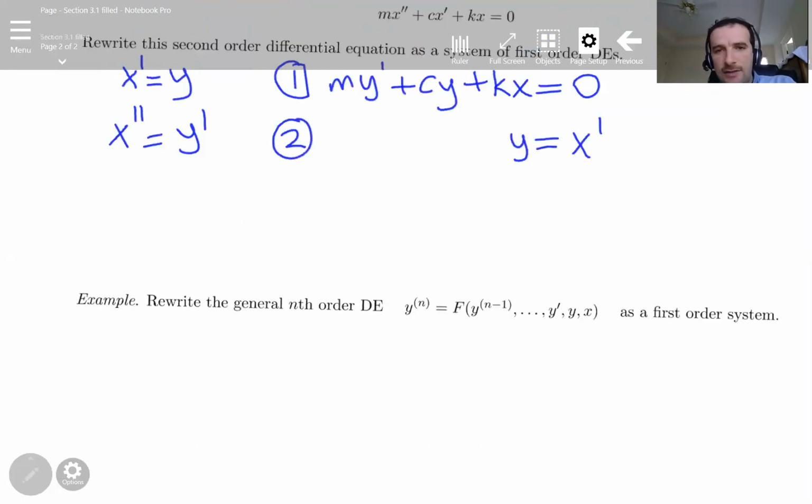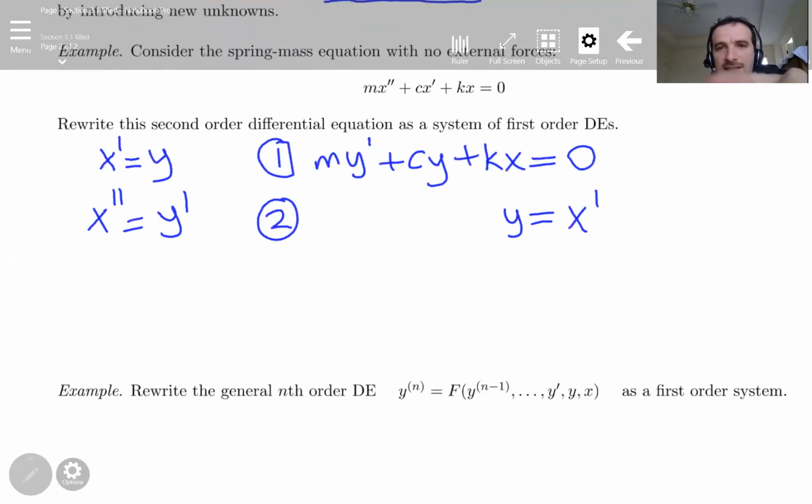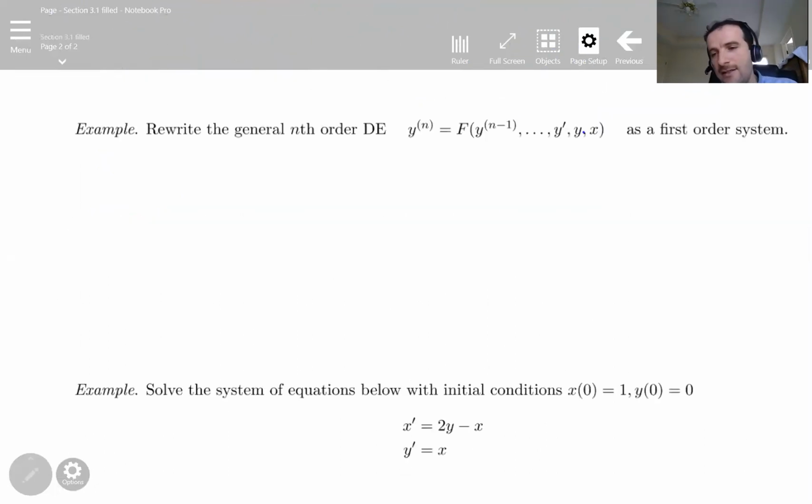There, x was the dependent variable name and time was the independent variable. But in this case, x is the independent variable, and y, y prime, y double prime, all those y variables are the dependent variables.